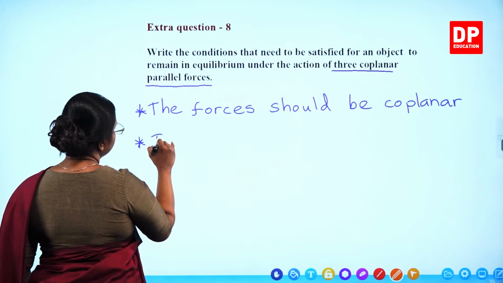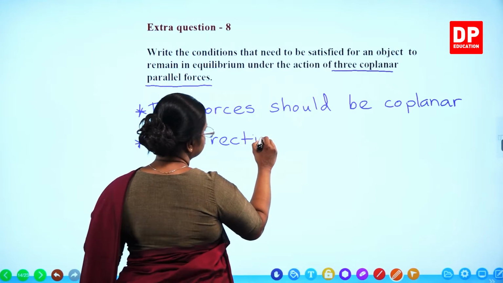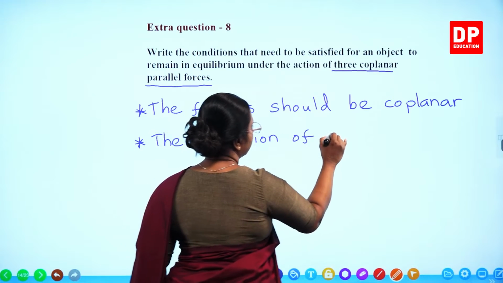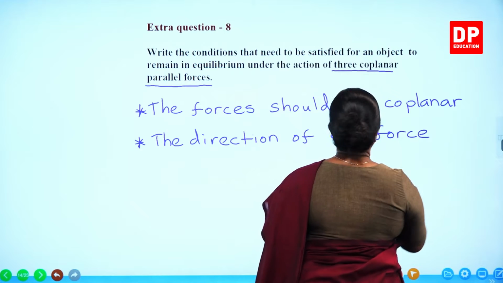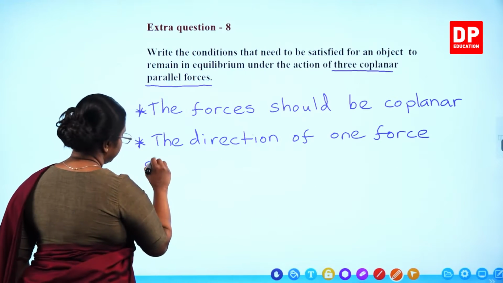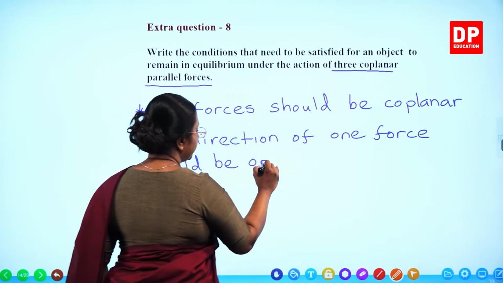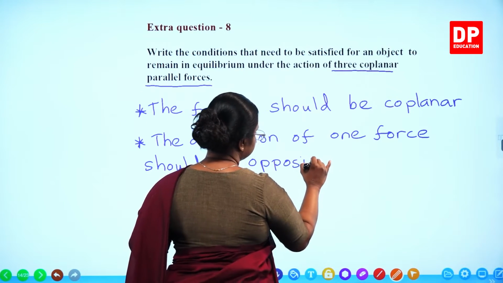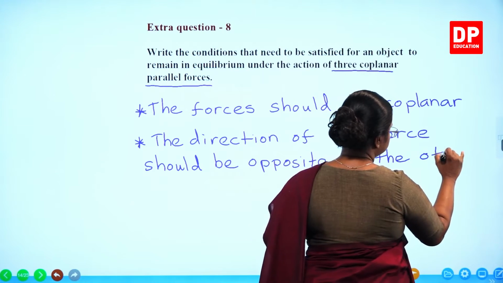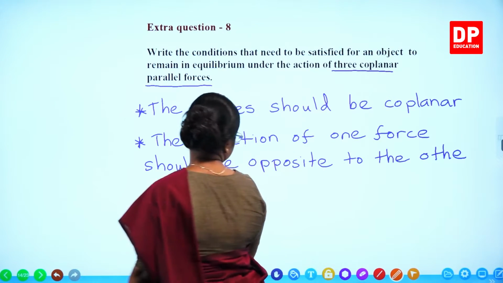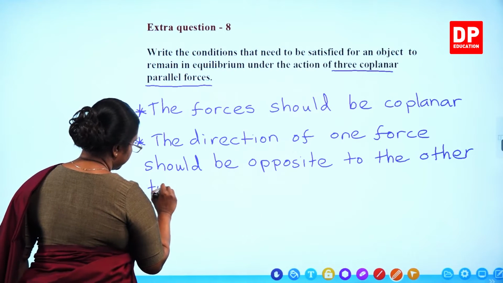The second one, the direction of one force should be opposite to the other 2 forces.